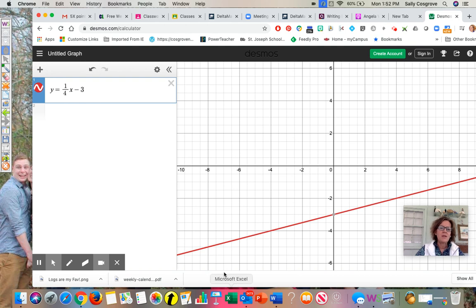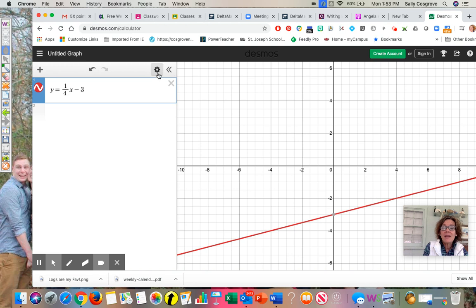What we need to do is come up here and see, here is (-4, -4). Right there, it says it does. And then here is (4, -2). Right there, it says it does.